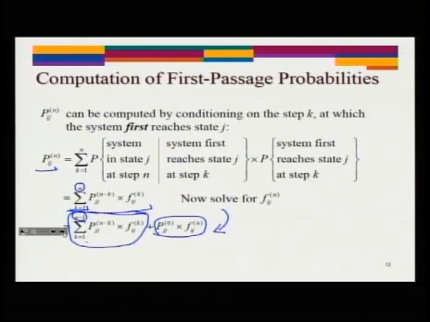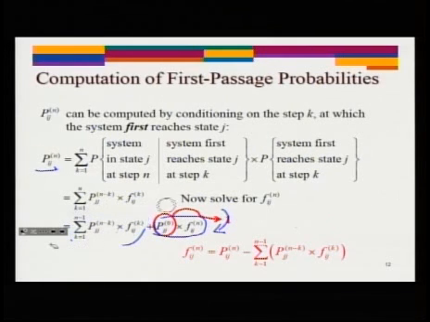Okay? And you know, any number except 0 with the exponent 0 becomes 1, right? And then if we move this to the left-hand side, then we will end up with this formula.